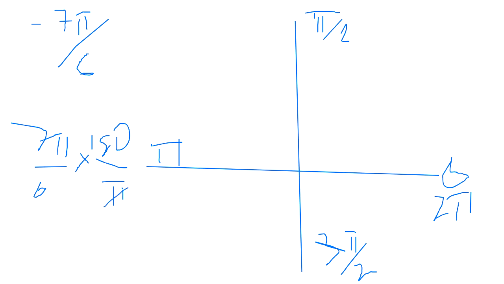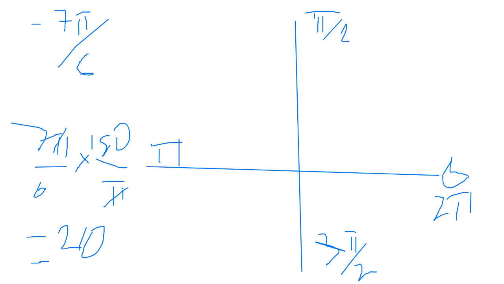Pi will cancel pi. So what will be 7 over 6 times 180? 210. Good.